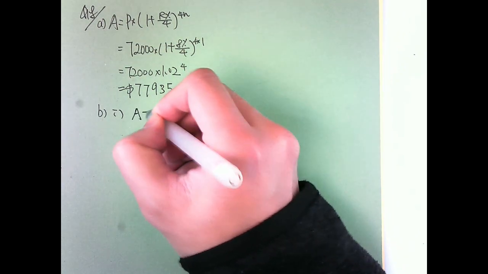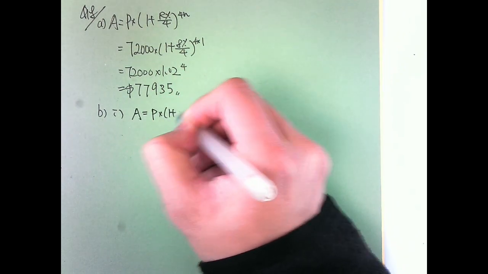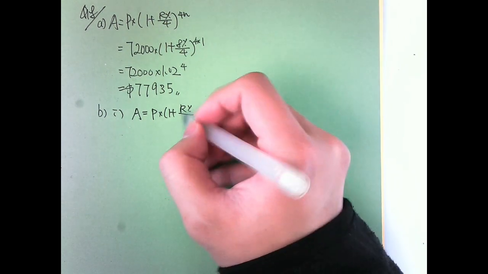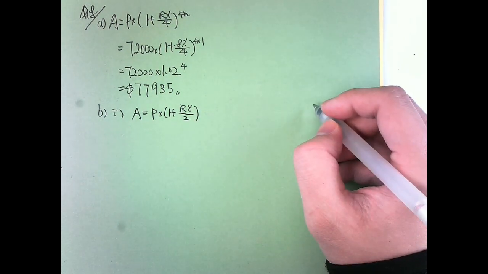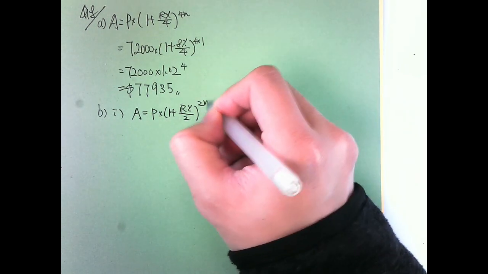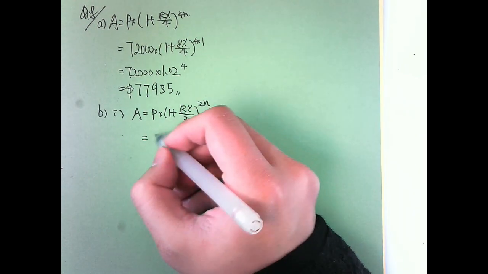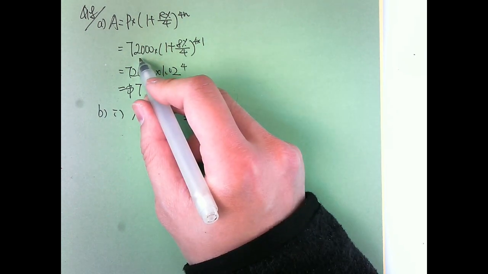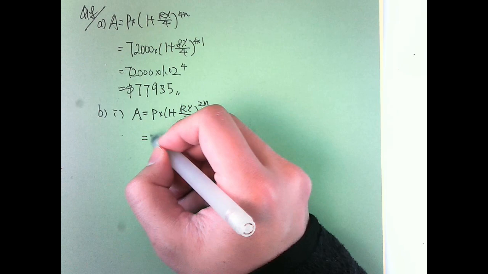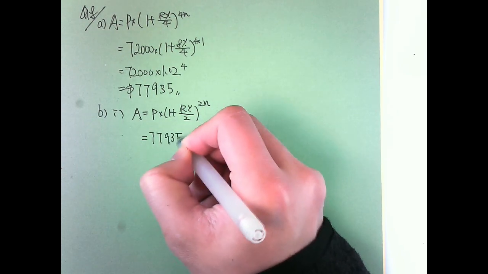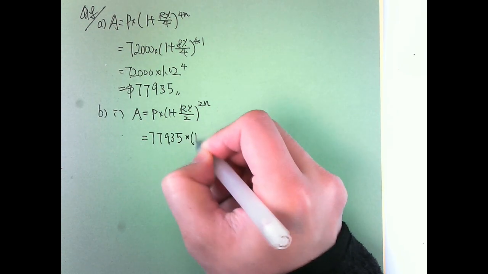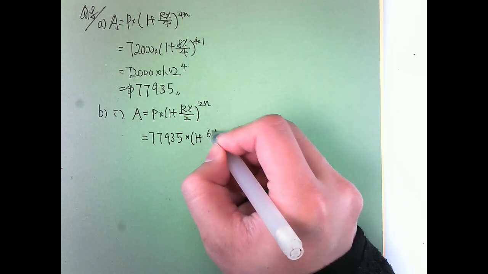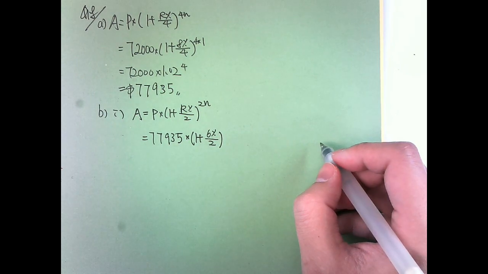A equals P times 1 plus R%. Because here it changes, right? Changed to half yearly, so you do the divided by 2. So it's 2n, understand? So this time the P here is not 72,000, but this. So you copy this. Times 1 plus, so our percent is not 8%, but 6%, a new percentage. Divided by 2.